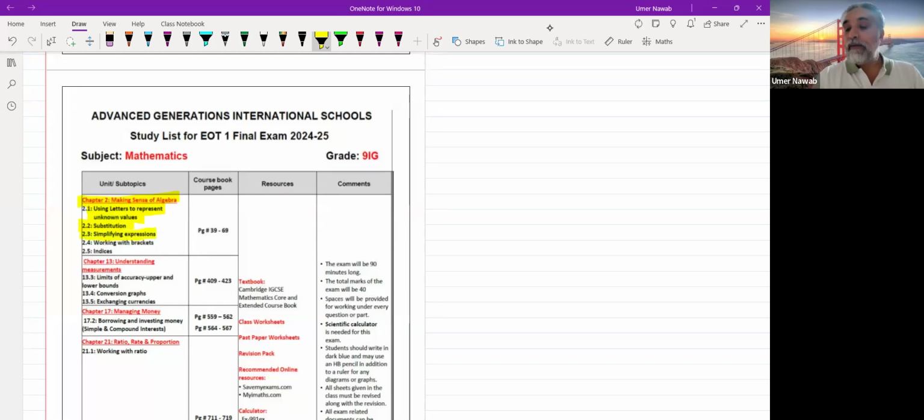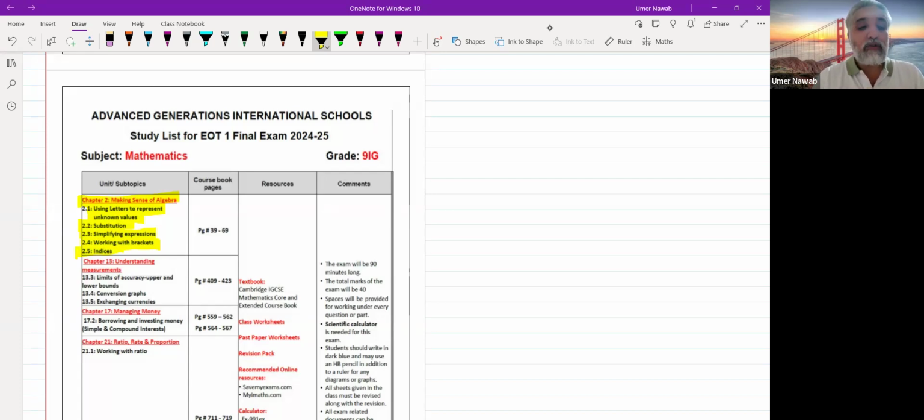Then we have simplifying expressions without brackets. 2.4, we have more complicated algebraic fractions, expressions in which brackets are there, powers are there, indices. Yes, this is a very crucial topic in algebra. Many students struggle a lot.